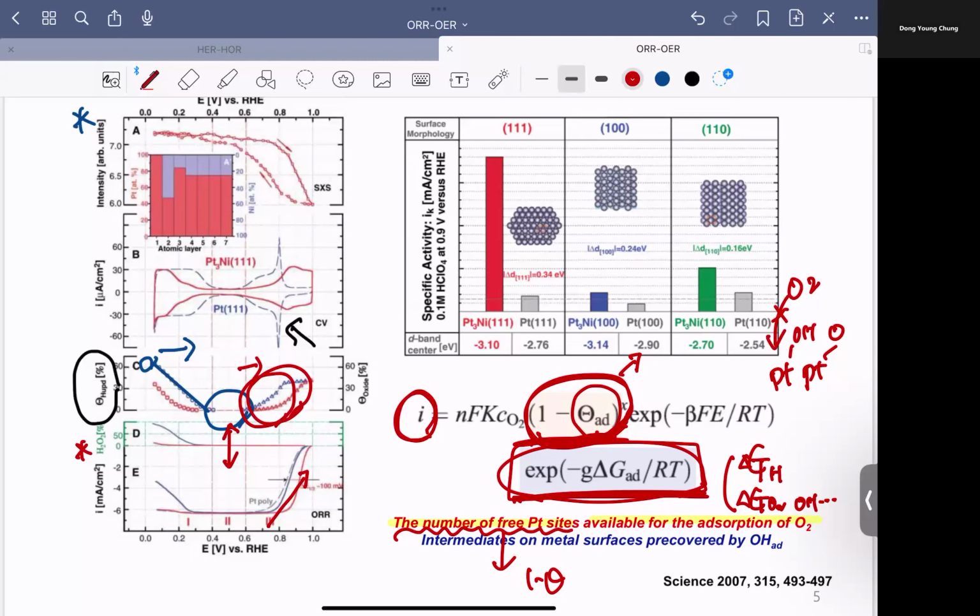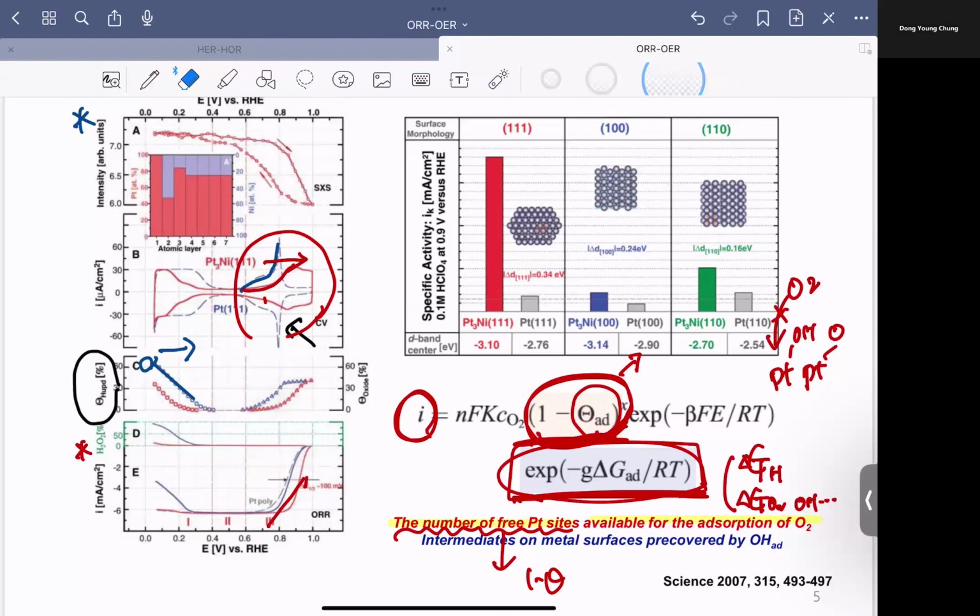And how can we do that? If you retard the OH adsorption, for example, when you handle platinum nickel, right? Let's think about the OH adsorption on platinum, but if you introduce nickel, the OH adsorption can be shifted to a higher potential. And if you check once again the OH coverage, zeta coverage on platinum, when you handle general platinum 111, the surface is easily covered by the OH.